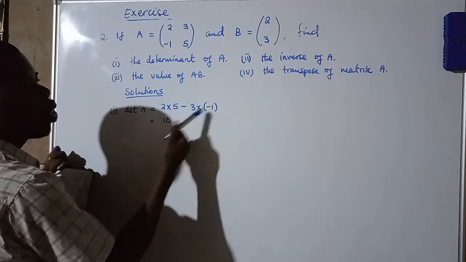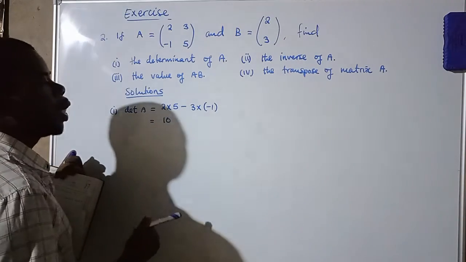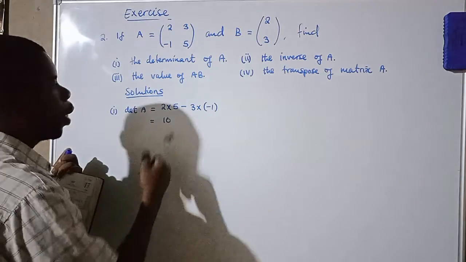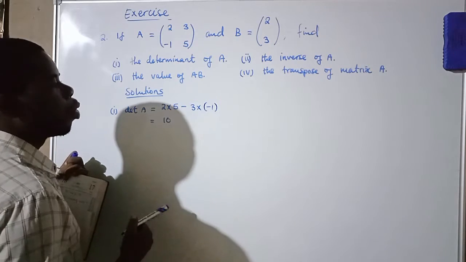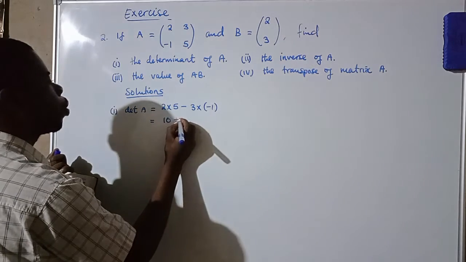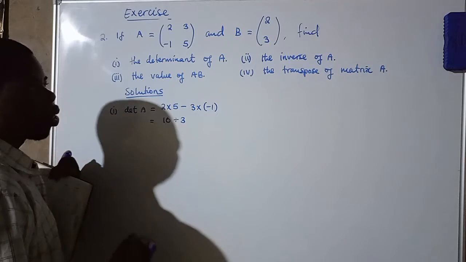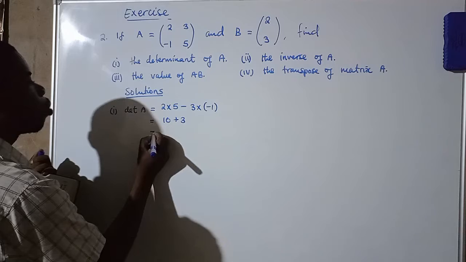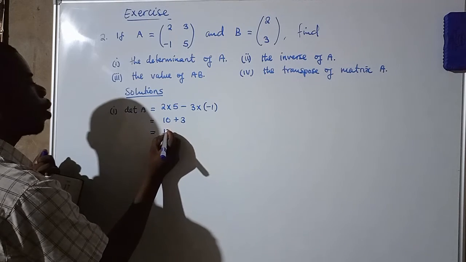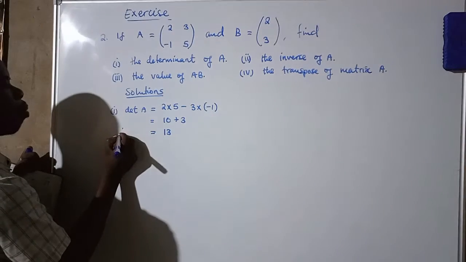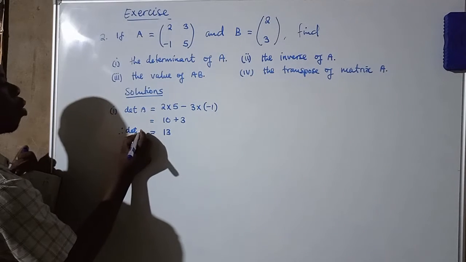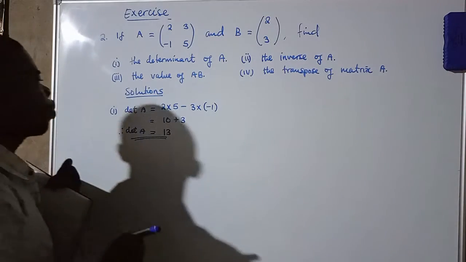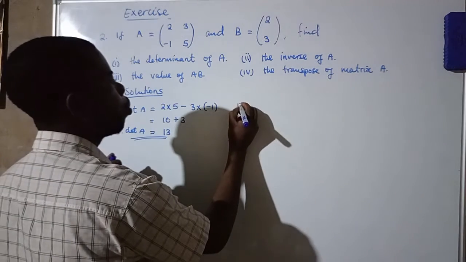Then here you say negative 3 times negative 1, it will be actually positive. So this one will change, like positive 3. That's how it is going to be. Okay. So now it will be easy. So it will just be like 10 plus 3, which will be 13. So therefore, the determinant of A is 13. Very simple.